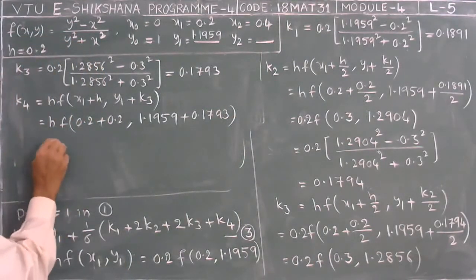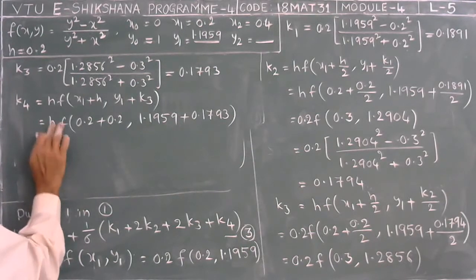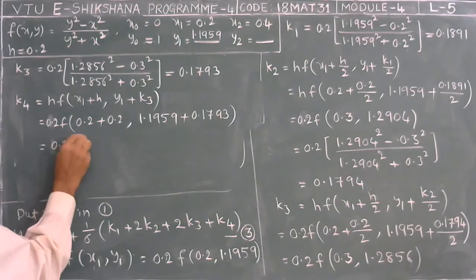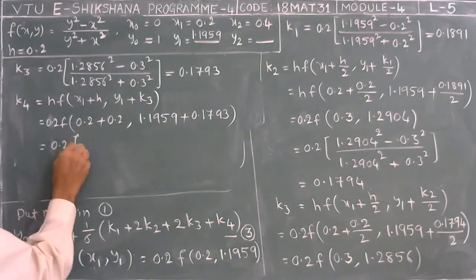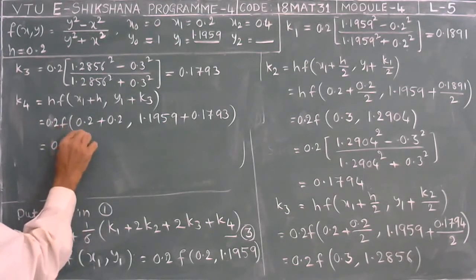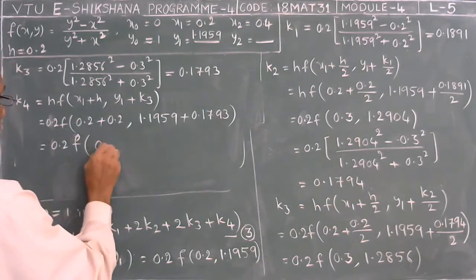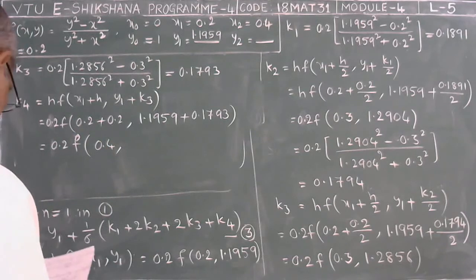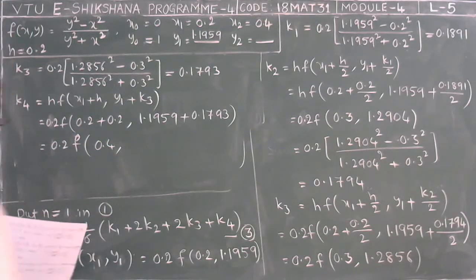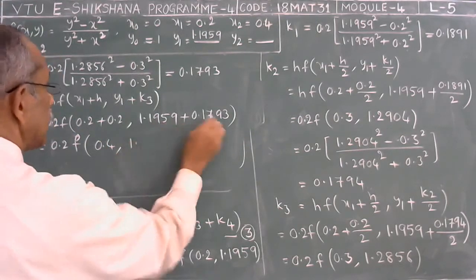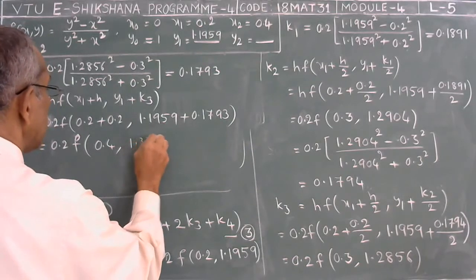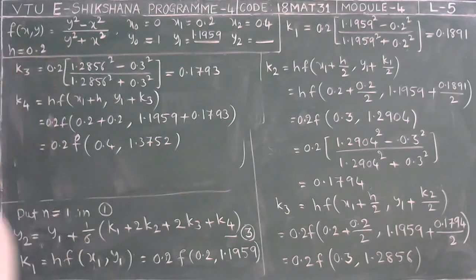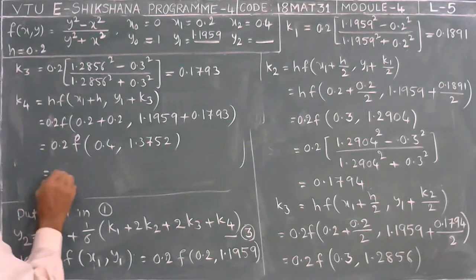Now if you simplify, so this is 0.2, so 0.2 into f of 0.2 plus 0.2, 0.4, and this is 1.375. If you add this one, you get 1.375. Okay. Now apply the definition.